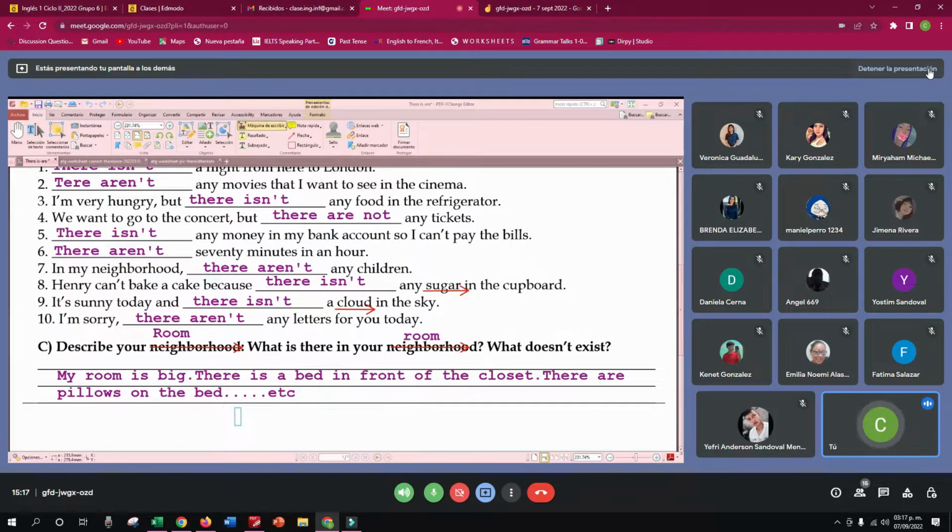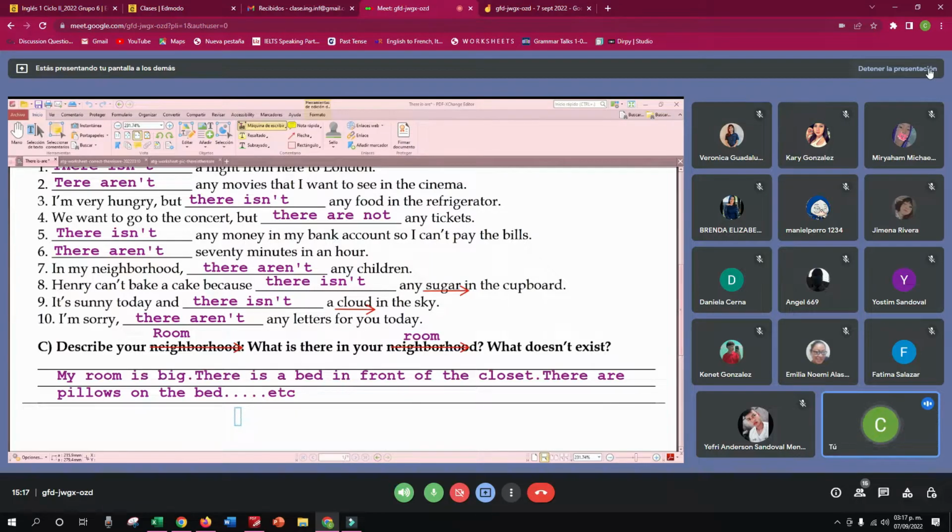And there are 3 universities, etc., right? Entonces ustedes pueden utilizar esta estructura, ¿verdad? There is, there are, e incluso las preposiciones del lugar, que son muy importantes. Y pueden describir cualquier cosa, su casa, su escuela, incluso su salón de clase.